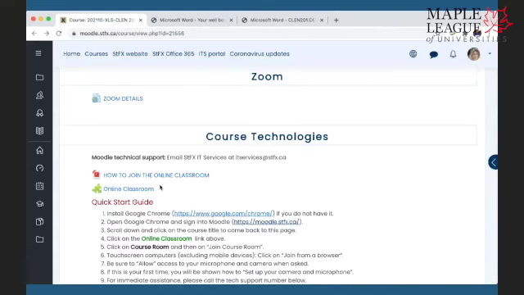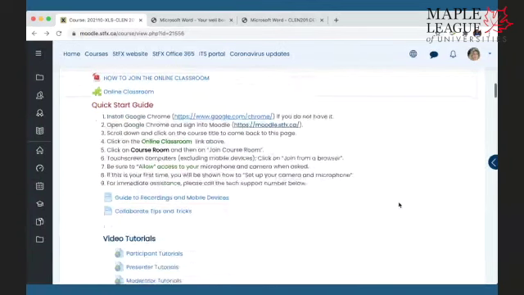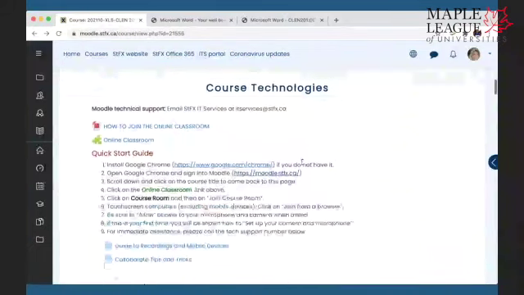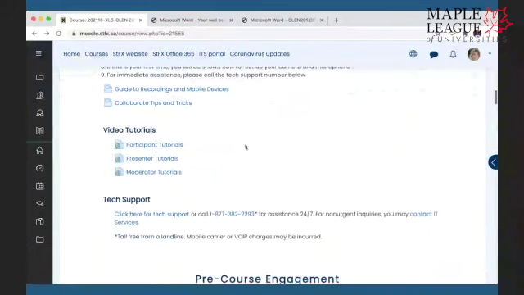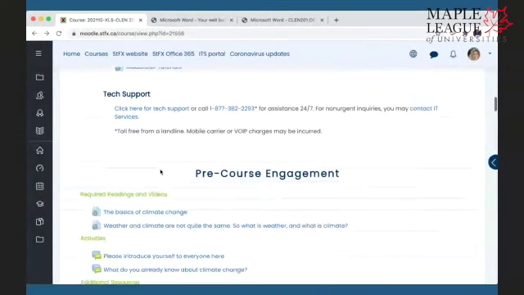I think I used Zoom for two classes, and then I went back to Collaborate fully. So there's some information about the technology, tutorials on how to use Collaborate, and tech support.